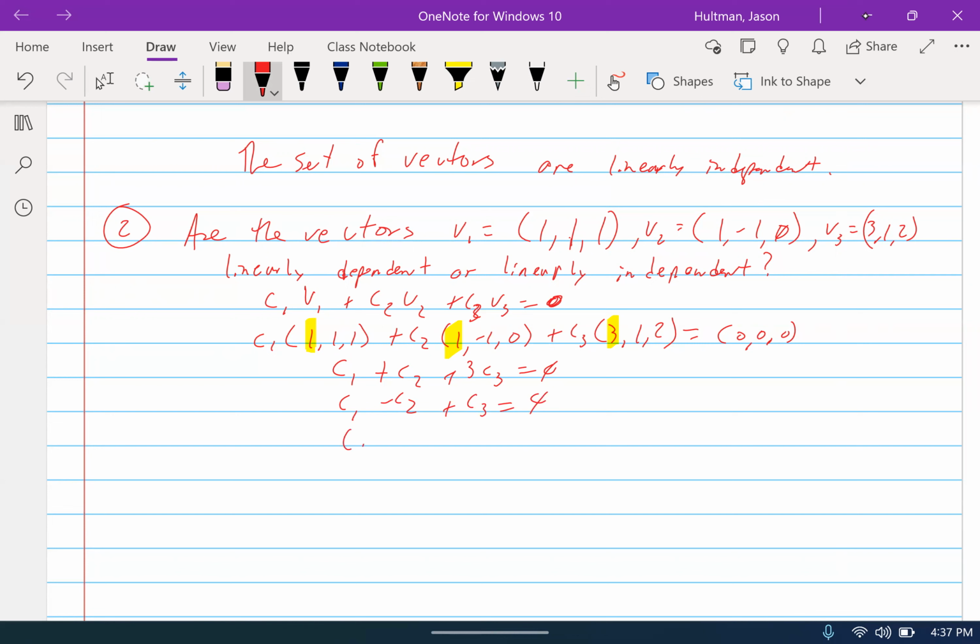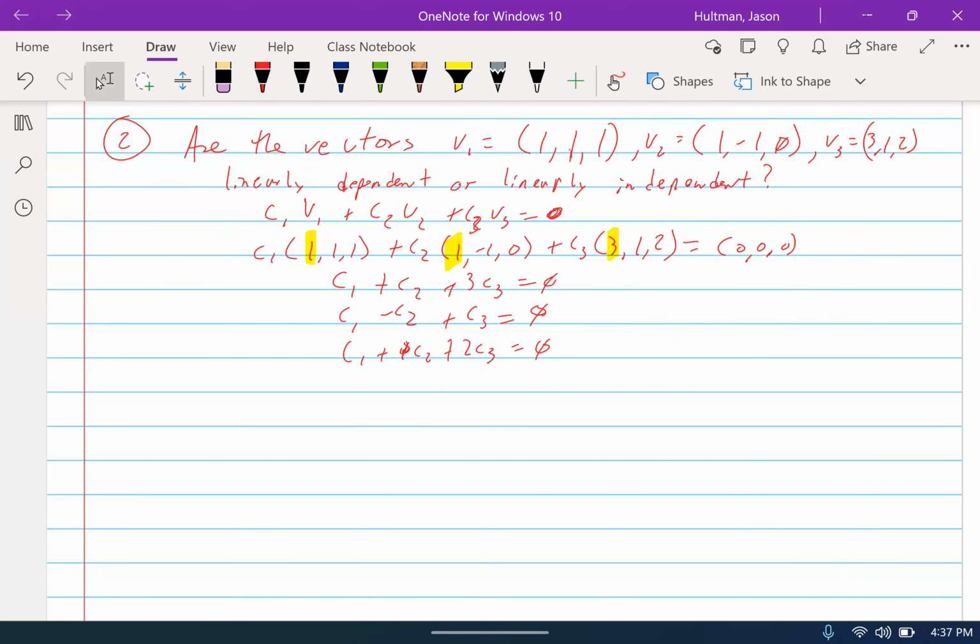And then C1 plus 0 C2 plus 2C3 is equal to 0. Okay, so what's my coefficient matrix? Well, A is equal to 1, 1, 3; 1, -1, 1; and then 1, 0, 2.